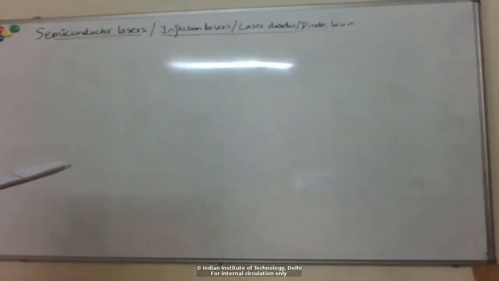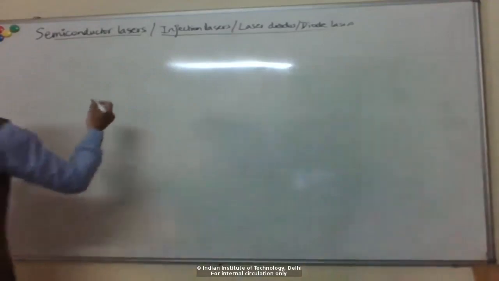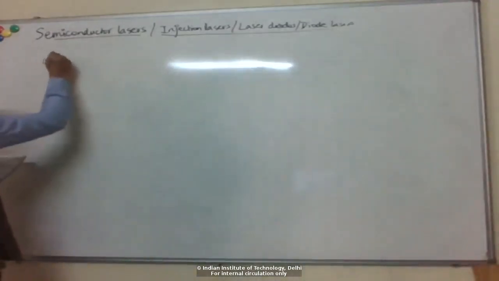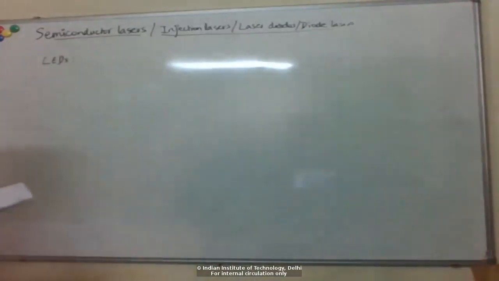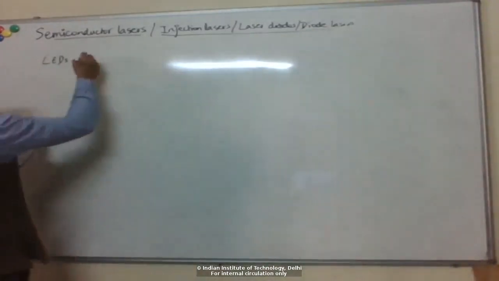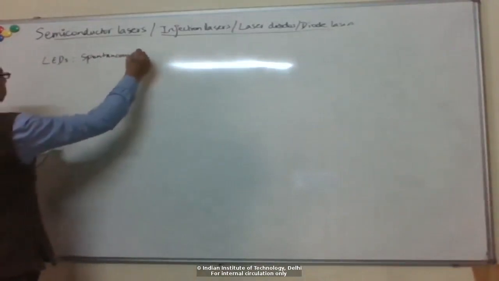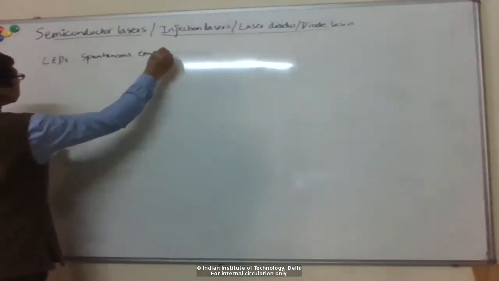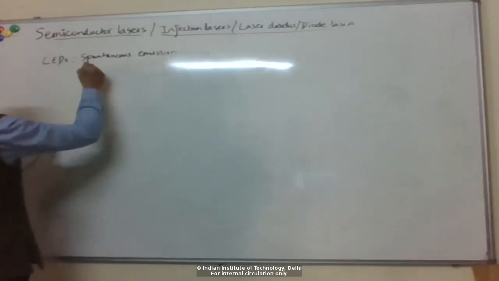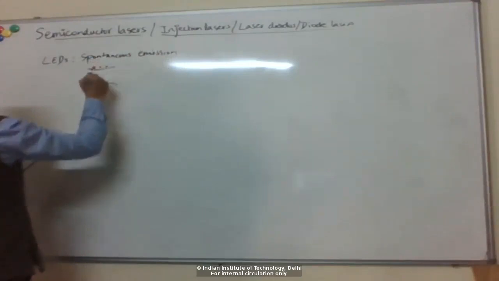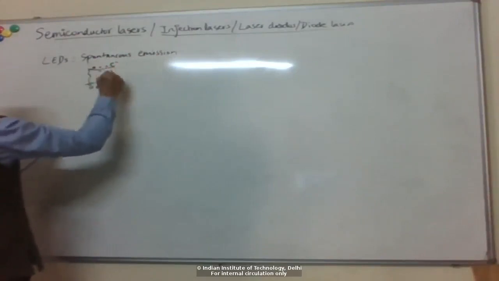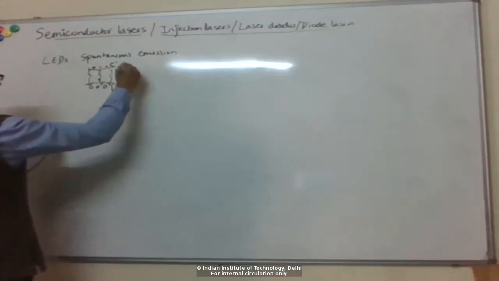Okay, so basically with LEDs, right, we saw that the emission was sort of broadband and incoherent. There, the light was generated due to spontaneous emission. We were injecting carriers, electrons in the conduction band and holes in the valence band, and they were just spontaneously recombining to emit photons.